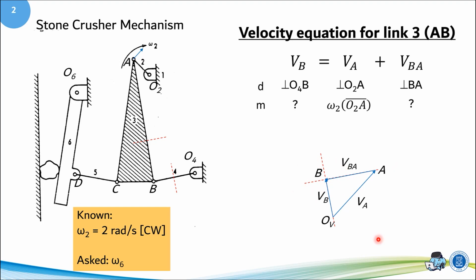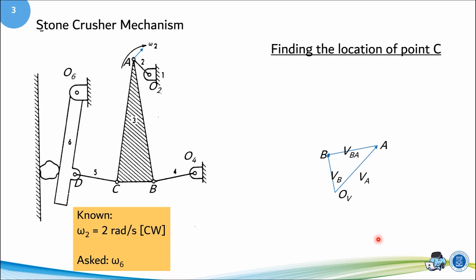Next step is we want to find the location of the point C in the polygon. To do that, we can use the lines AC and BC of link number 3. First, we draw a line perpendicular to the line BC in the mechanism, just as you can see here.